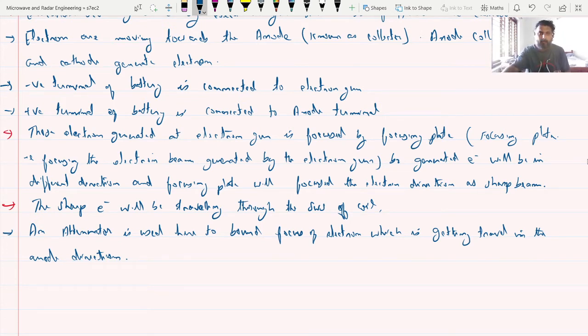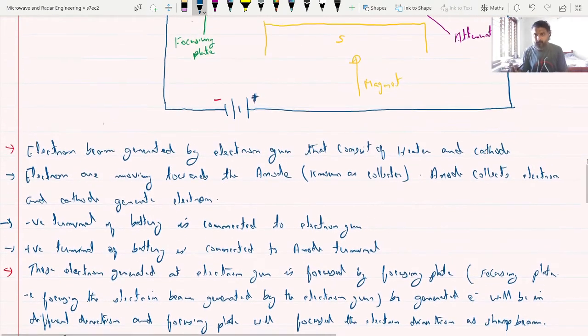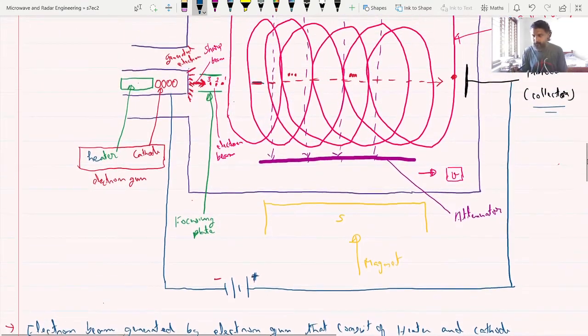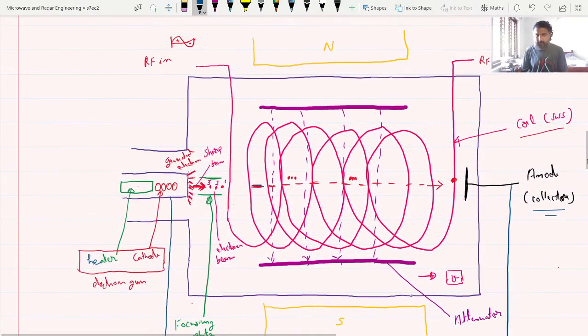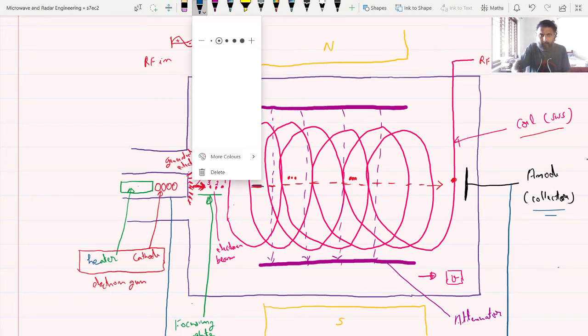So the next section is you are having a magnet. You can see a magnet which is being kept at both ends, which I indicate as north and south pole. They are kept to generate the magnetic field. Okay, I will write here.